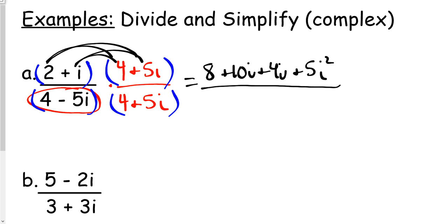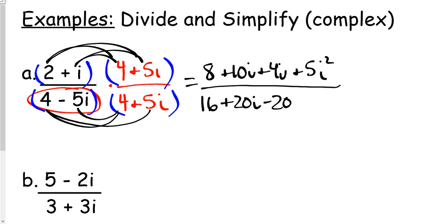Down here in the denominator, 4 times 4 is 16. We have 4 times 5i, which is plus 20i. We have negative 5i times 4, which is negative 20i. Surprise, surprise. And then negative 5i times positive 5i is negative 25i squared.